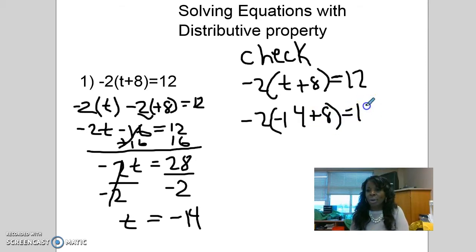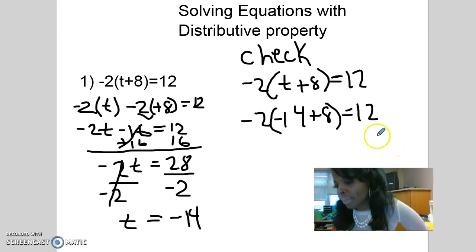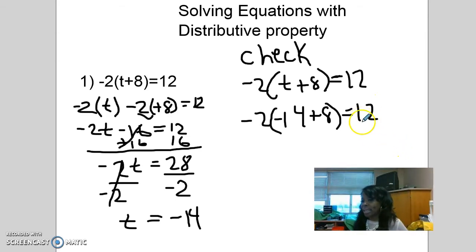Now, you have 2 options here. The easier option is to use PEMDAS, and instead of distributing, you can distribute the -2 times -14 and the -2 times 8, but it's certainly just as expedient to perform the operation in parentheses first, -14 plus 8. 14 negatives, 8 positives, you cannot add those together.